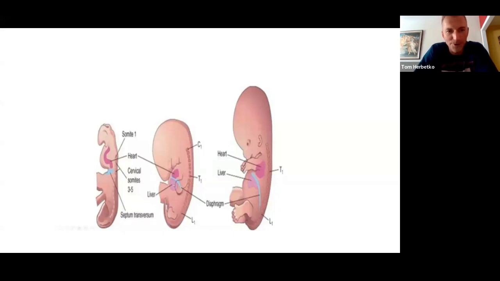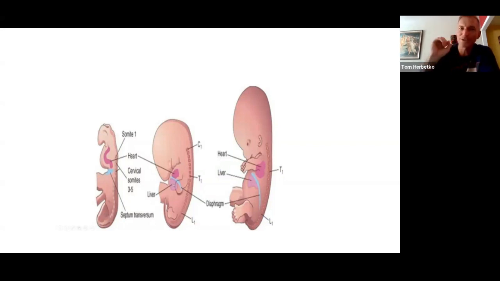We could say it's an optical illusion, but it eventually gets into the thoracolumbar region, the D12 L1 region. But the phrenic nerve stays. It just travels along with the diaphragm towards the lower part.